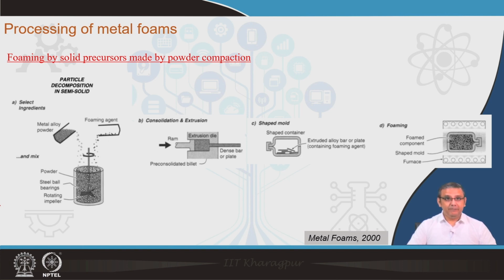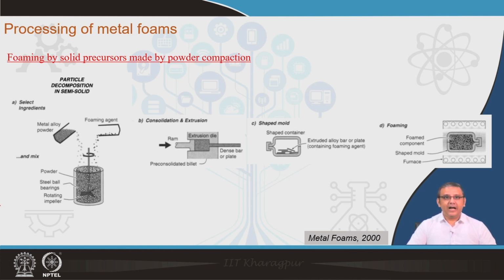This can be aluminum powder or some aluminum alloy powder, which is the most commonly used, and some foaming agent. This foaming agent, as we have already learned, is titanium dihydride, TiH2, a very common foaming agent because of its ability to decompose at a low temperature and evolve hydrogen gas.